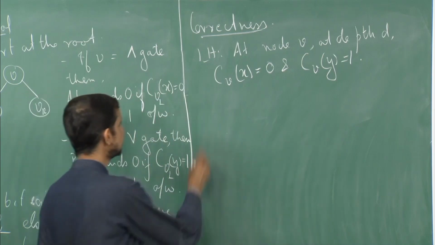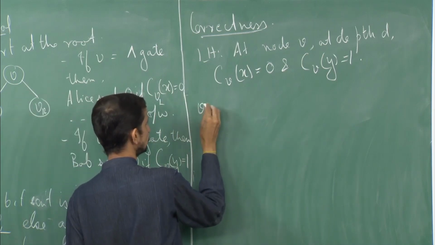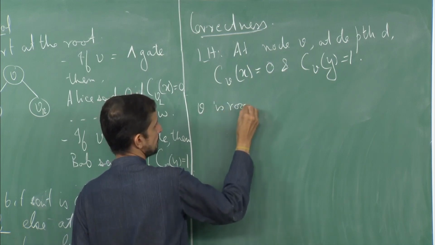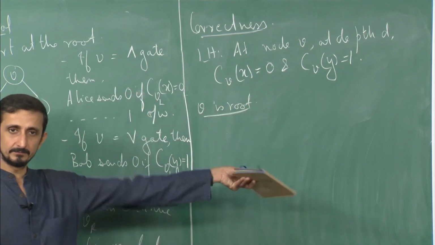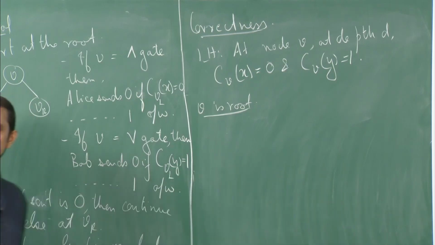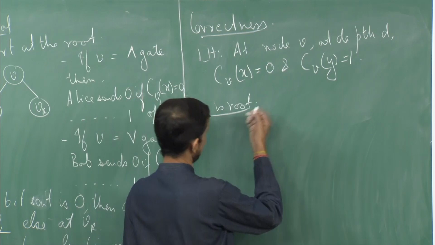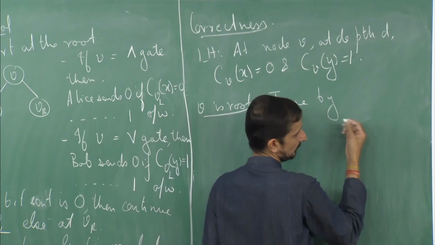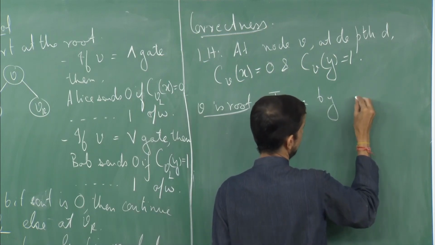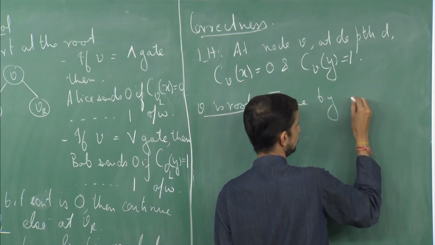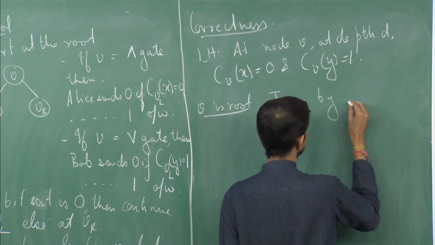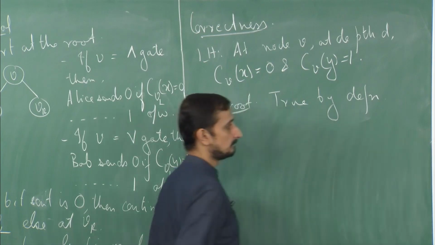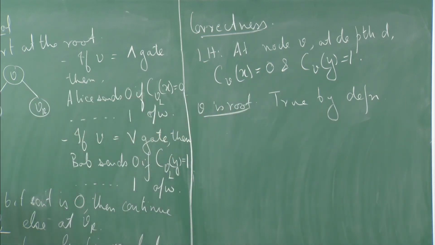Okay. So if V is the root node, then this is true by the assumption itself that C of x is not equal to C of y, because f of x is equal to 0 and f of y is equal to 1. So if V is the root, this is true by the definition that we have.